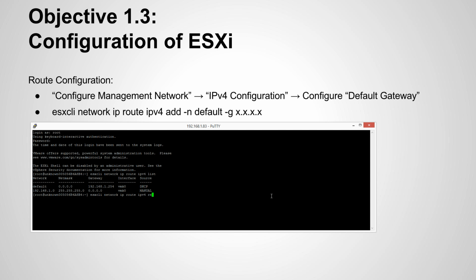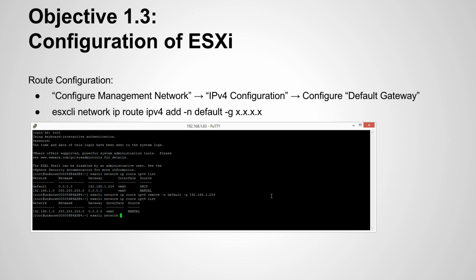However, to verify what this is doing, we can go ahead and just remove it altogether. So we're removing the named network that is default with the gateway that's set to 192.168.1.254. Verify that's gone. Poof.